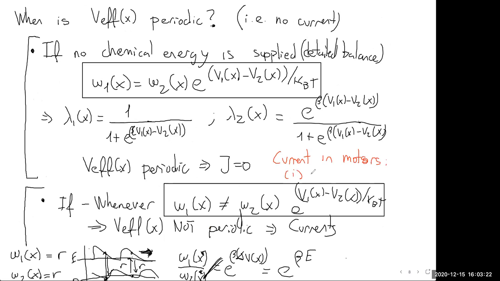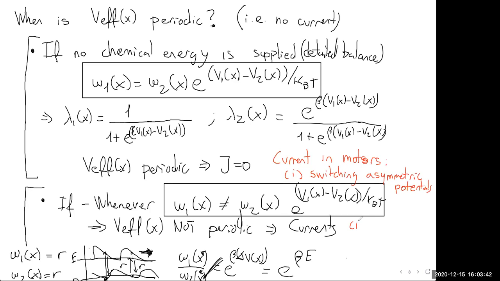One, switching potentials, switching asymmetric potentials, ratchets, but not all the switches give you current.